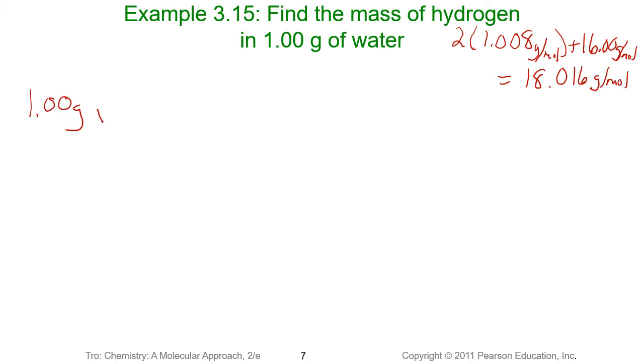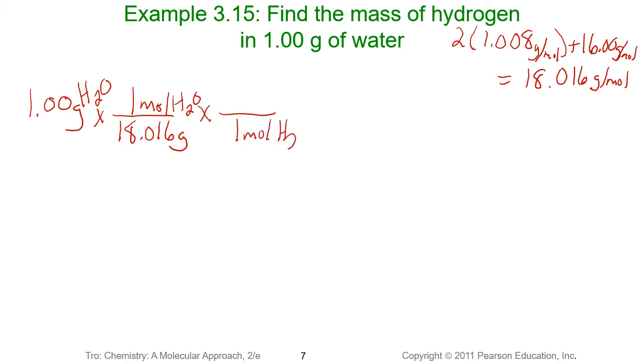Okay, now because we have a conversion from grams to moles, we can put the grams on the bottom, 1 mole on top. So now we're in moles of water. We want to go to moles of hydrogen. So for every 1 mole of water, how many moles of hydrogen do we have? 2.